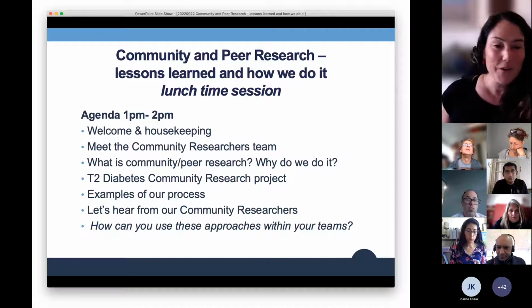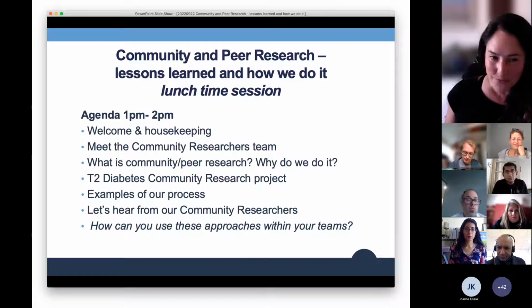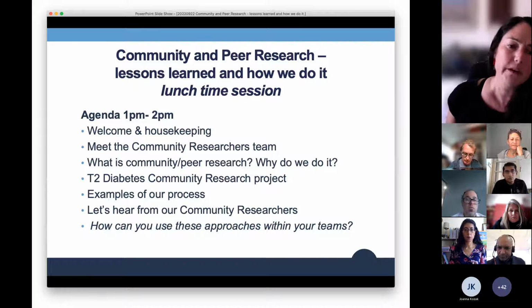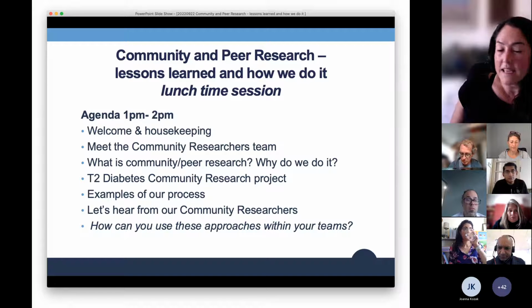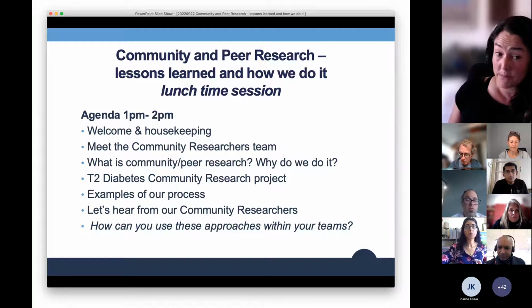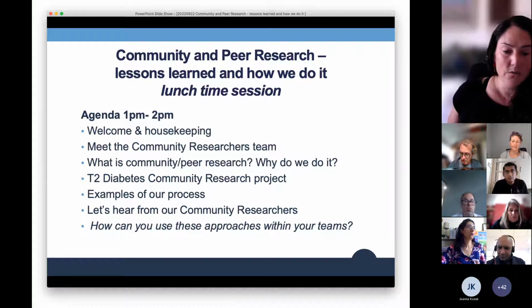So the agenda. We've only got 1 till 2, so it's a pretty quick session for so much. Within that, we're going to do a very quick bit of housekeeping. I'm going to introduce you and show you who the community research team are. We'll talk about what community peer research is and why we do it. As I said, we'll find out a little bit about the research projects we're working on.